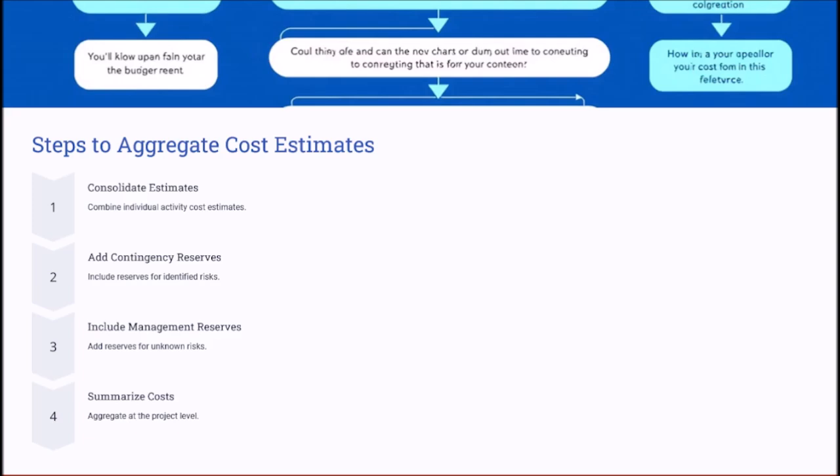Again, the contingency reserves are added to address the known risks. Also, there is a part of your budget which is called the management reserves, and these will be allocated for unknown risks. The final step here is to summarize these figures to establish the comprehensive project budget.